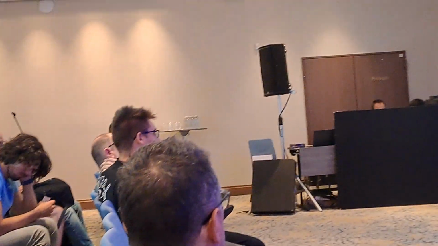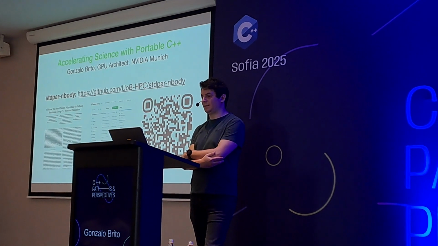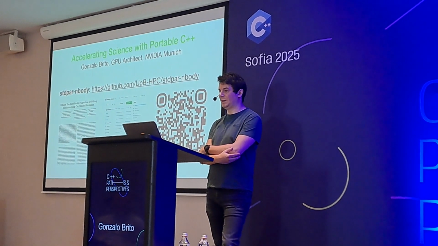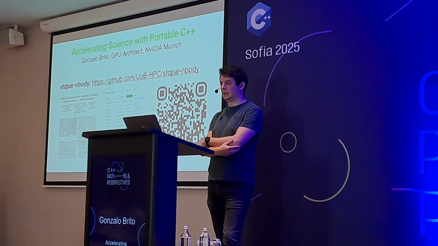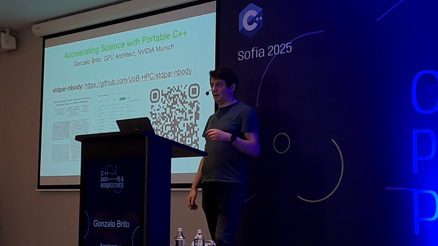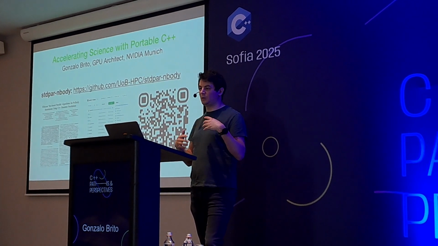Thank you. Yeah, thanks for the question. So the first question is whether there are any plans for something like a par_CUDA execution policy. I'm not aware of any plans. It's the first time I heard about it. The second question is whether there is a performance impact of nesting different parallel algorithms within each other.